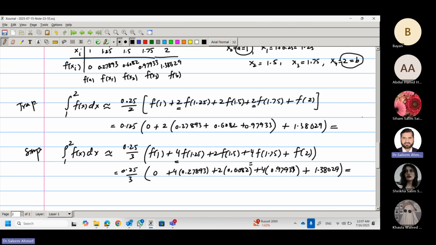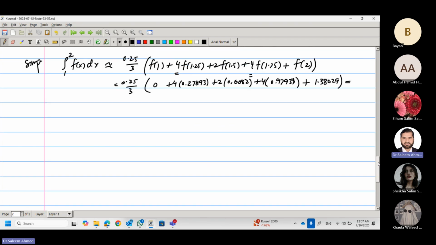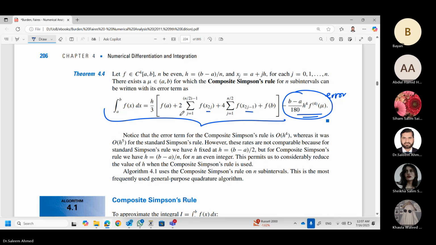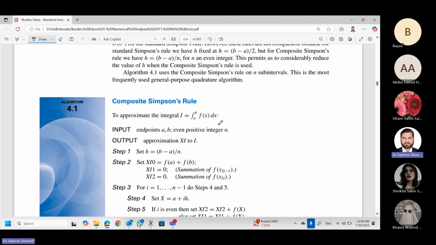Here, one problem is that they sometimes ask you to find the error bound. Error bound is the last term in each of your formula. Your formula is just this. The last term is your error term. So this is the error bound: (b minus a) by 180, h to the 4, and f fourth derivative of mu.